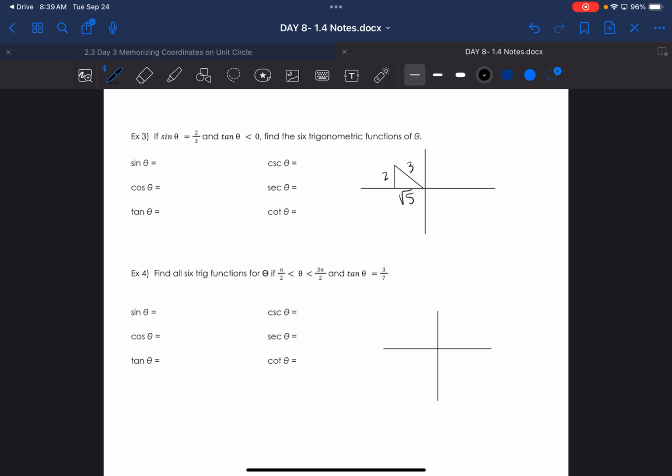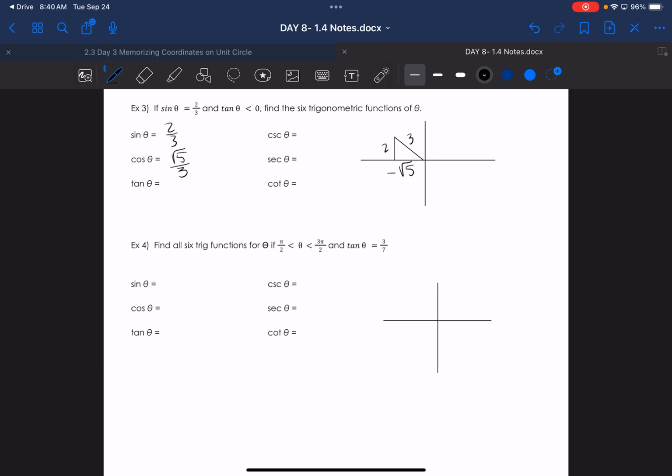All right, so what did that make our ratio for cosine? Square root of 5 over 3. Okay, and what do we know about that side that's measuring square root of 5, if we're in quadrant 2? It's negative, right? So I need to put a negative with that ratio, right?